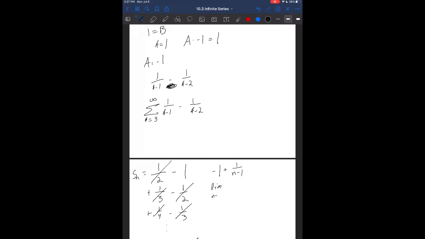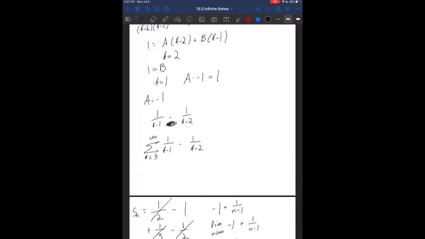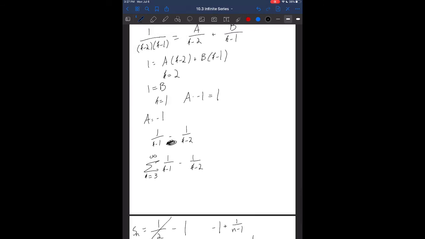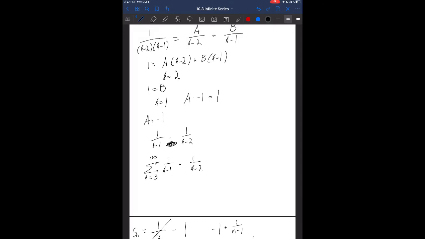And as I take the limit as n goes to infinity of these partial sums, negative 1 plus 1 over n minus 1 is going to be equal to negative 1. What this means is that my sum is going to be equal to negative 1.